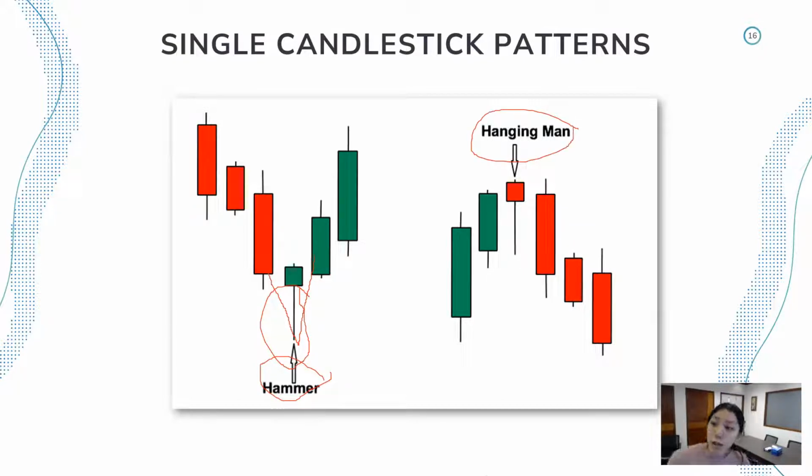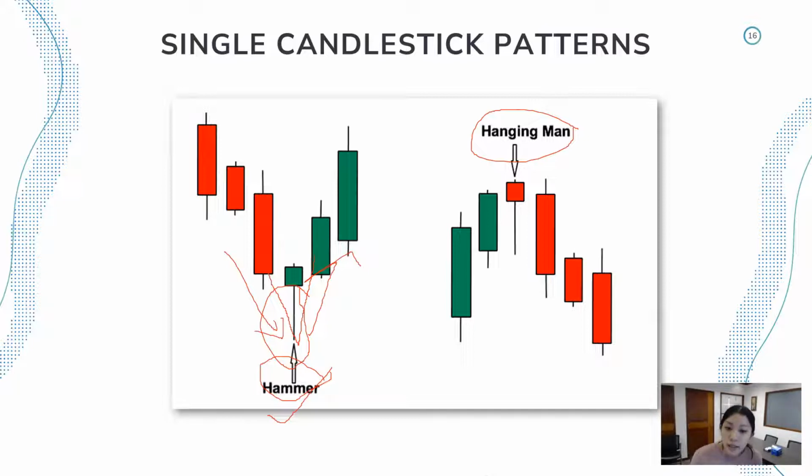So if you want to trade, you look out for stronger reactions, which means you always look out for the hammer. The hammer candlestick pattern is stronger because it shows how the bears initially tried to push prices all the way down, but the bulls overrode and pushed it all the way back up, even beyond the open price. The open price is here, and it closes as a green bullish candlestick.